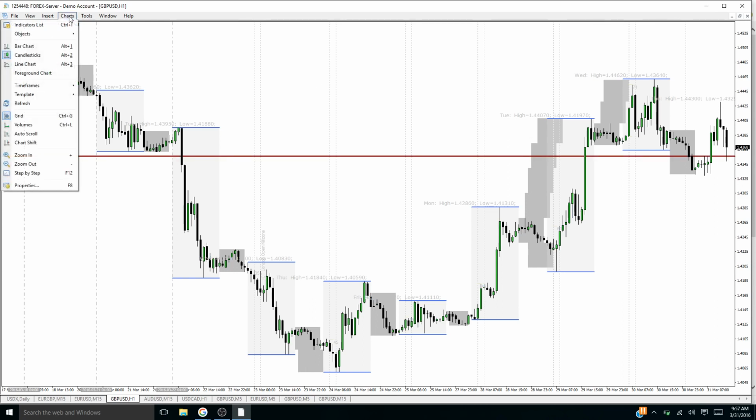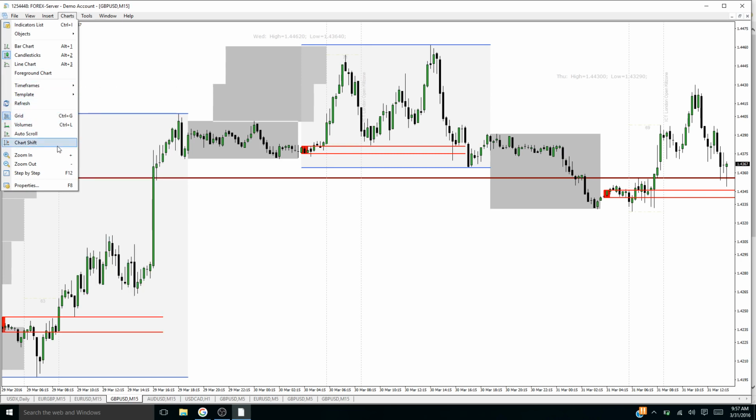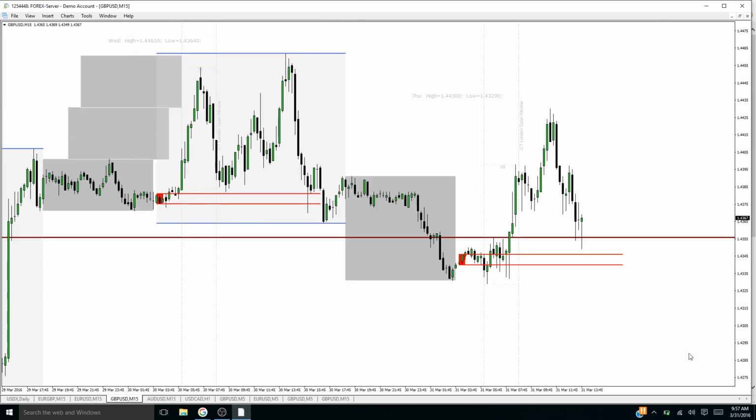Drop down into a 15-minute time frame. Okay, believe we had one more. We're inside a large order block with this line on the hourly.